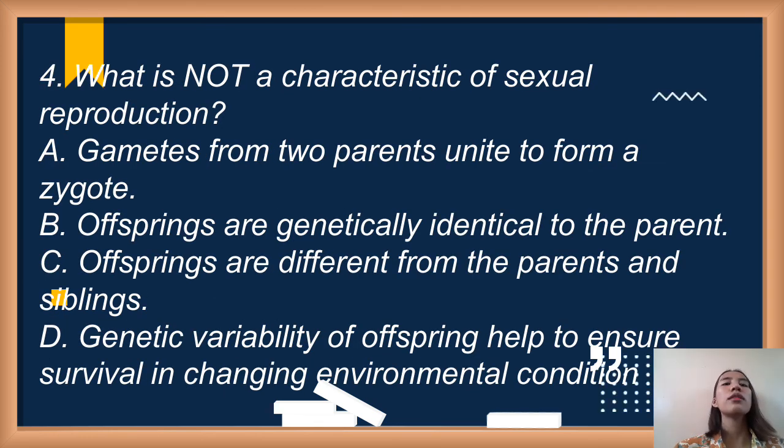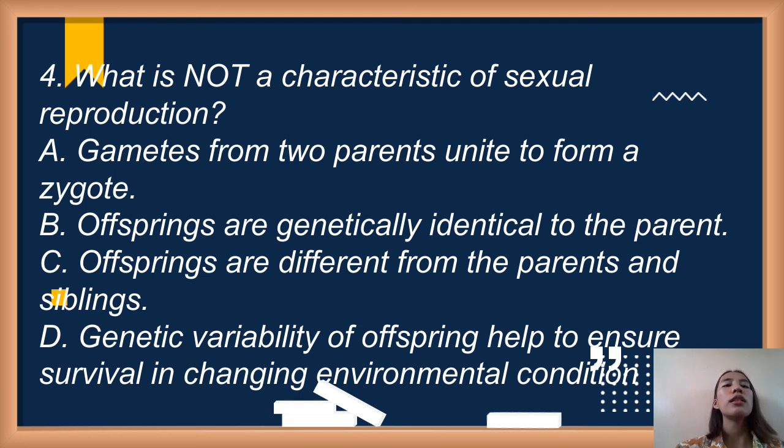Number 4. What is not a characteristic of sexual reproduction? A. Gametes from two parents unite to form a zygote. B. Offspring are genetically identical to the parent. C. Offspring are different from the parent and siblings.